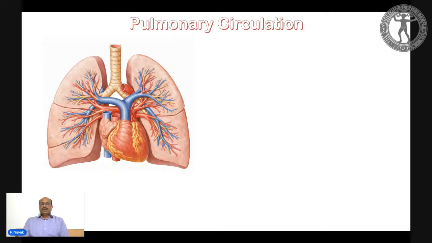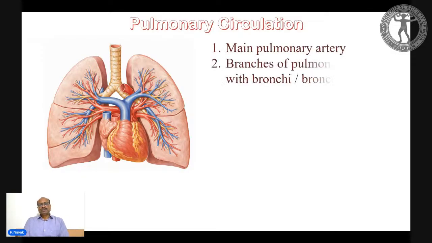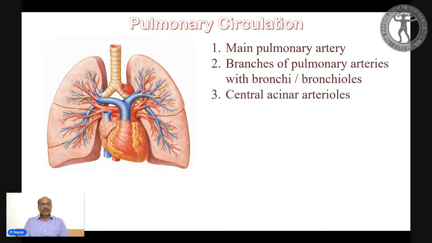If we go into the functional anatomy, it starts with the main pulmonary artery. The pulmonary trunk is divided into pulmonary arteries, then branches of pulmonary arteries run with the bronchi and bronchioles. Through the central acinar arterioles, it goes into the pulmonary capillaries.